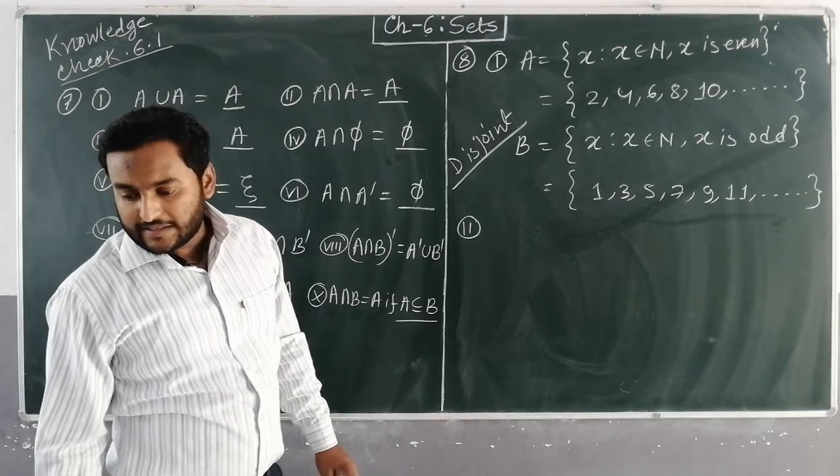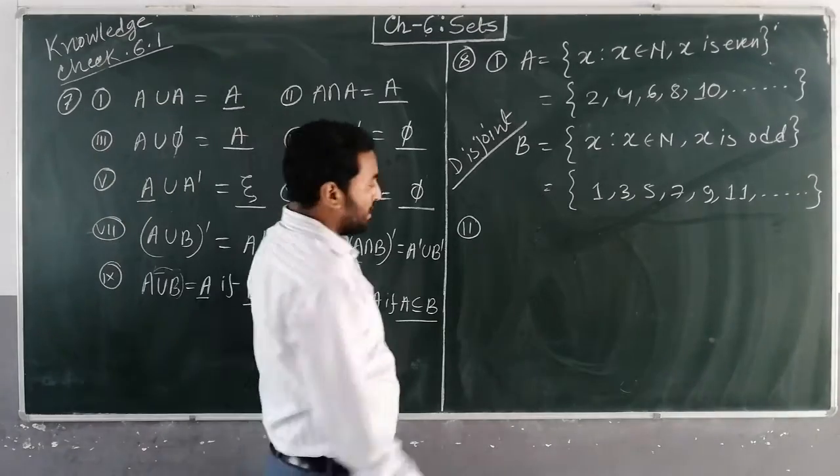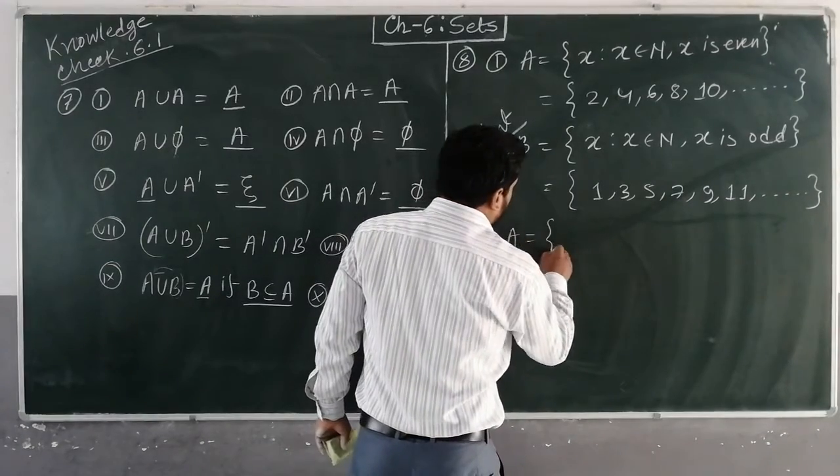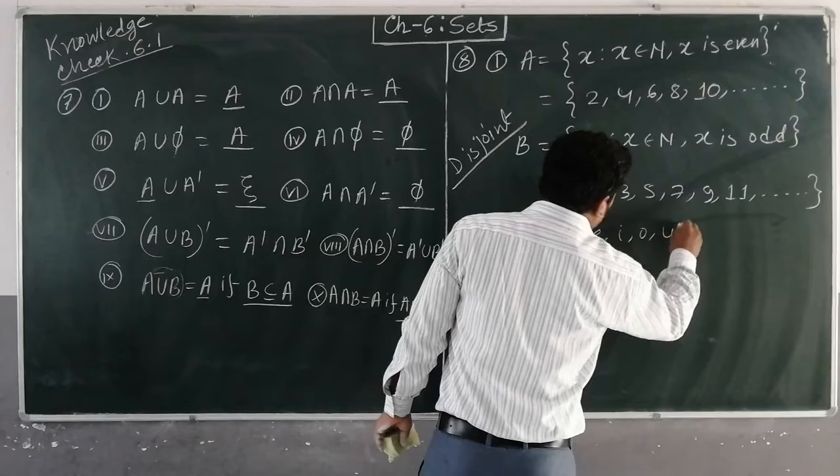Now come to the second part. In the second part the sets are given: A equals {A, E, I, O, U}.